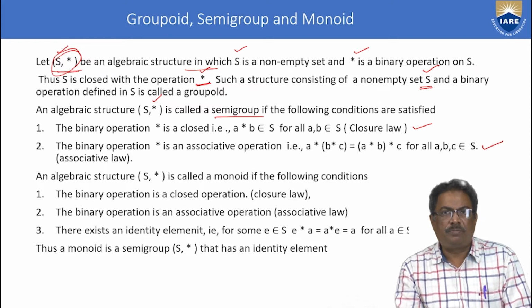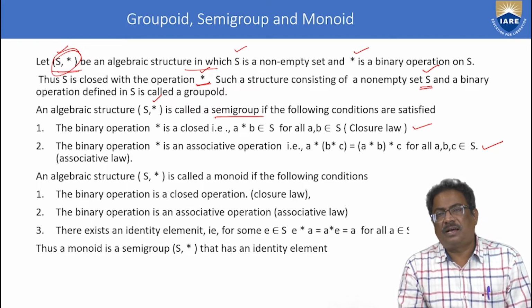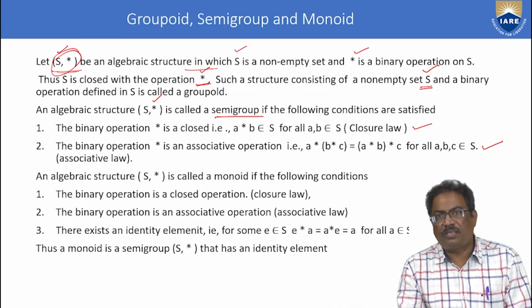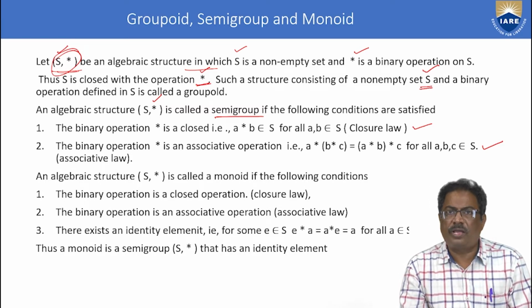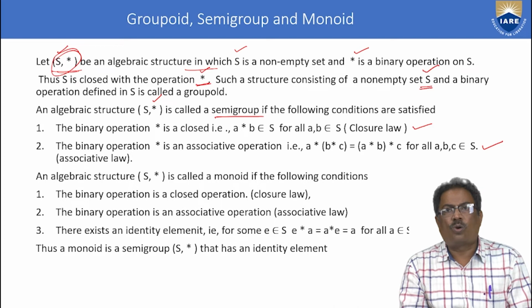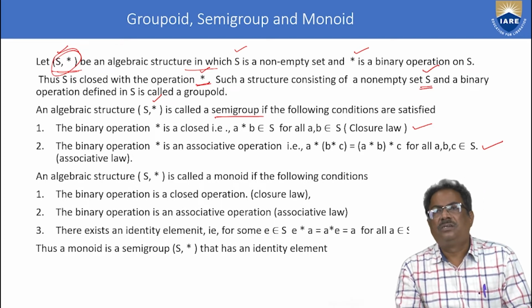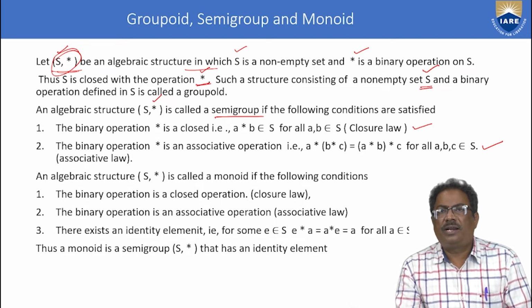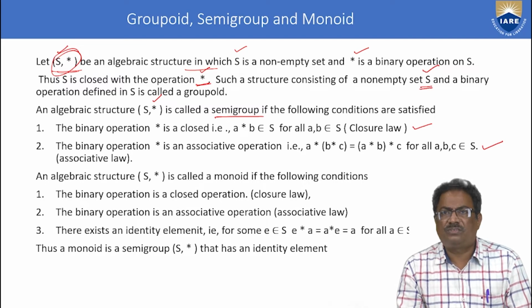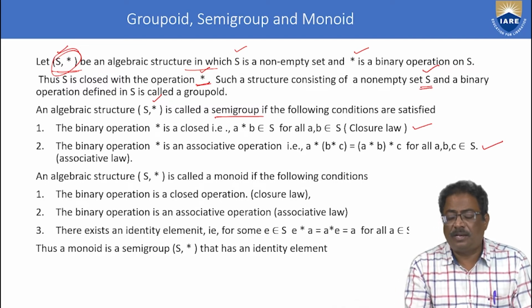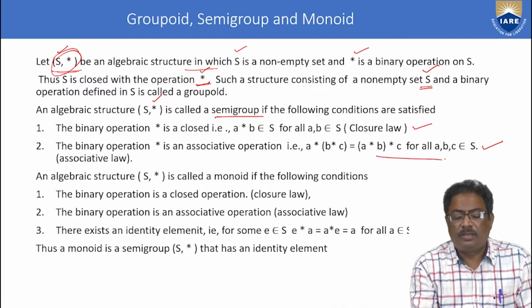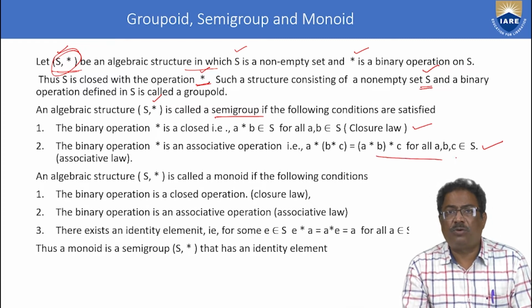The algebraic structure (S, *) is said to be a semigroup if it satisfies the following conditions: one, * is closed, and next, associativeness. Then it is said to be a semigroup.